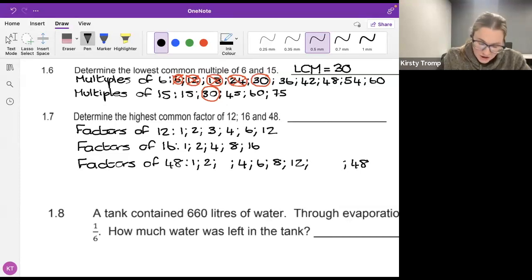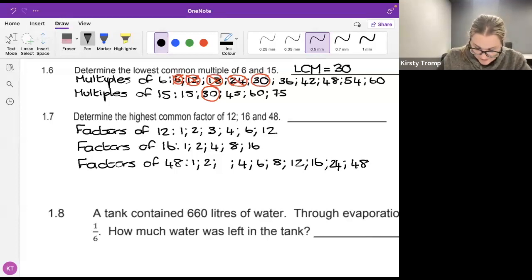Yes, ma'am. Which ones are missing? 14. Okay, no, definitely not 14, Unati. Think about it, does 14 go into 48? 16, great. 16 is missing, yeah. 24, good. And which other one's missing?